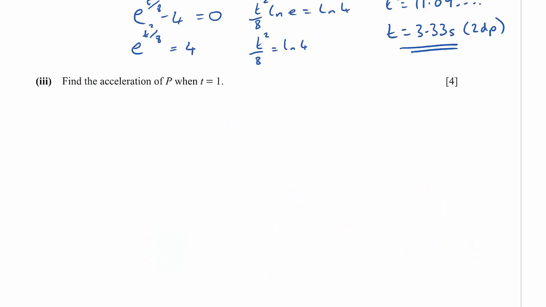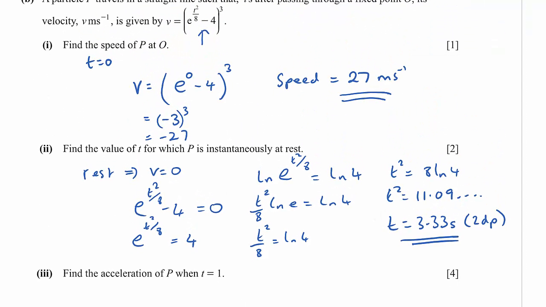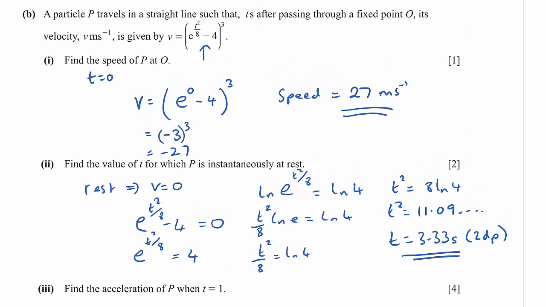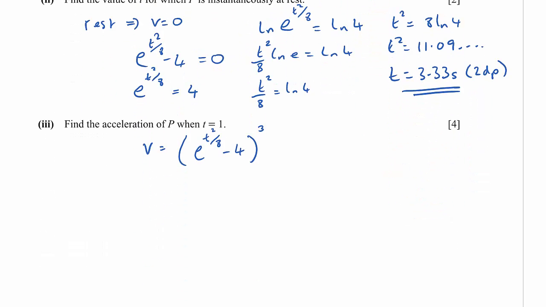So the final part of the question is find the acceleration of p when t is 1. So we need this expression here. So v is equal to e to the t squared over 8 take away 4 cubed.